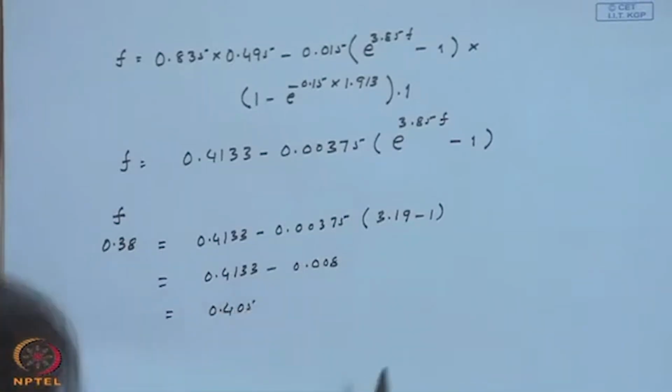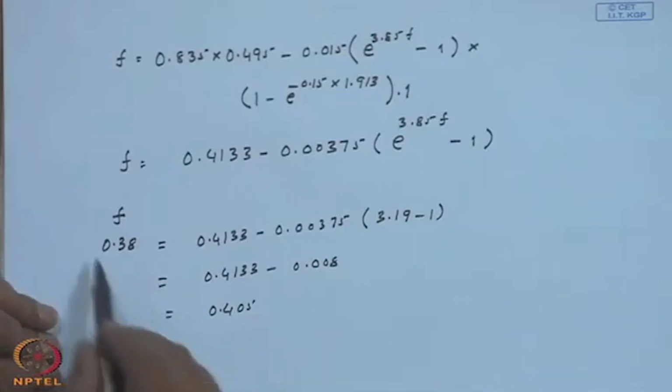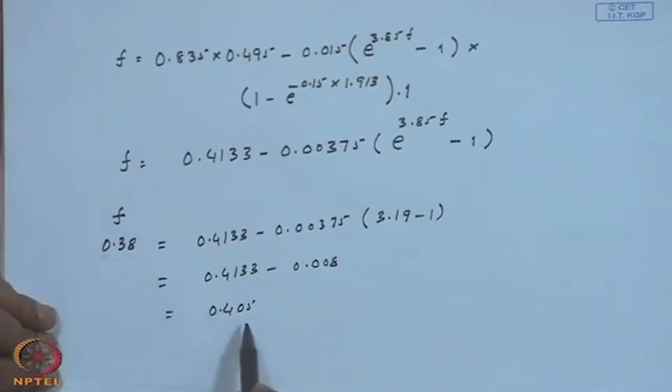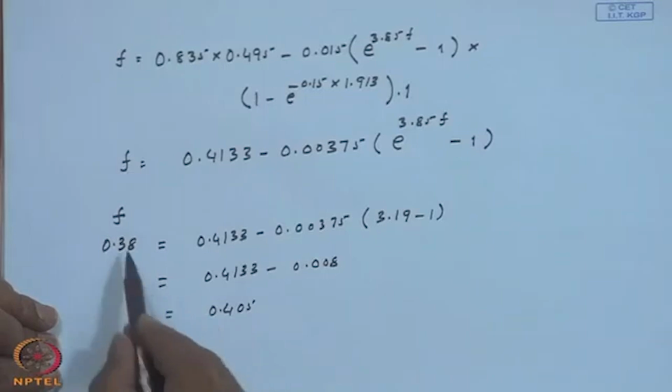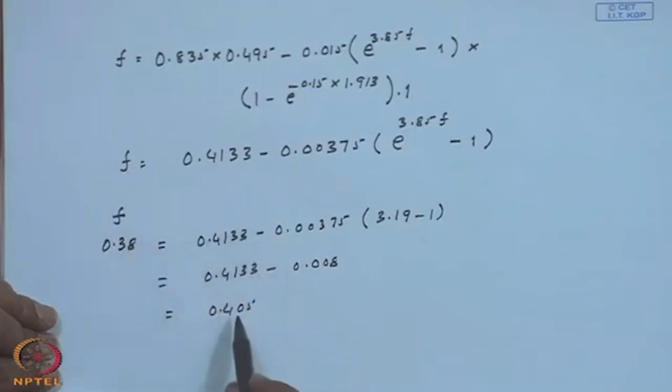So, this is close, but not as good as it can be. Somewhere it should be lying in between these two values, because if I increase this, it will decrease, but at the same time if we increase equal to 0.405, the number will be less than that.